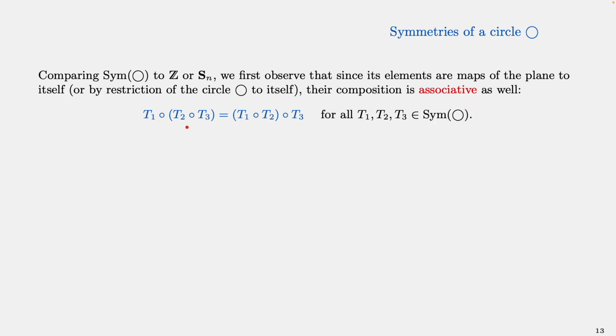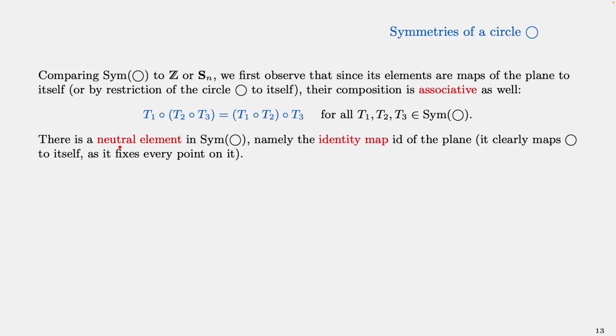Here we have the associativity property again, and just as I said for the permutations, this is simply a property of maps. This has nothing to do with this circle in particular, but all composition of maps are associative if you're allowed to compose the maps in the first place.